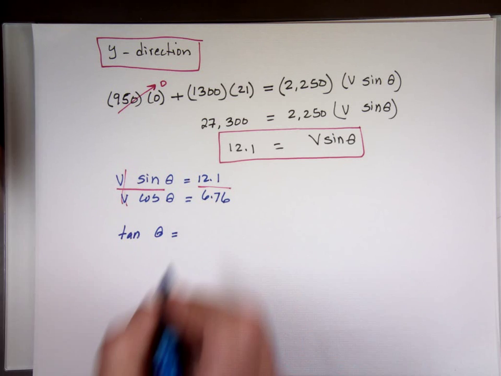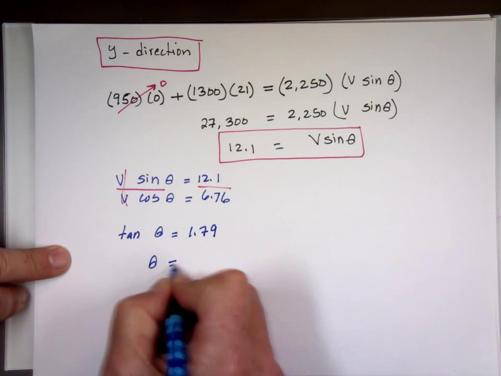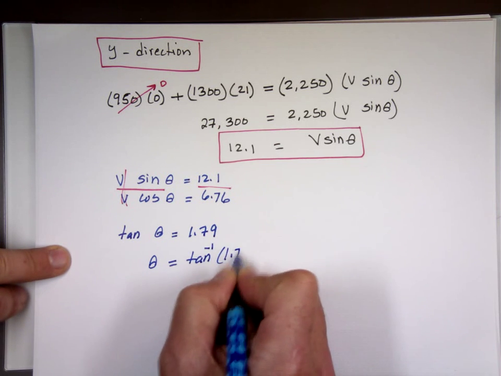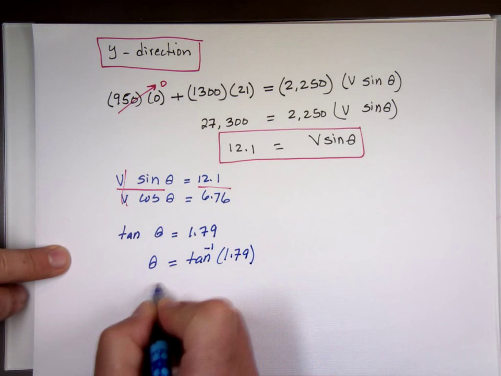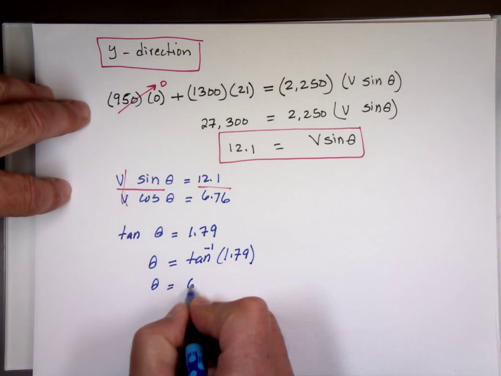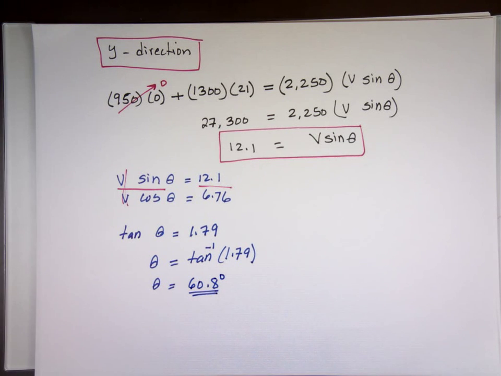To get theta, it's always the inverse tangent. Inverse tangent of 1.79, 60.8 degrees. And you can grab either equation now.